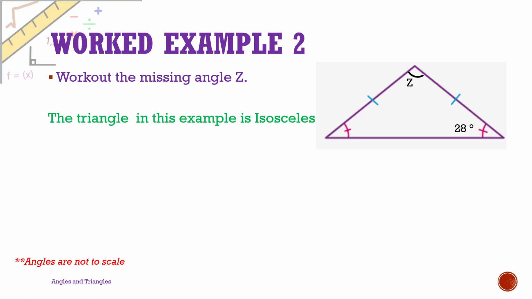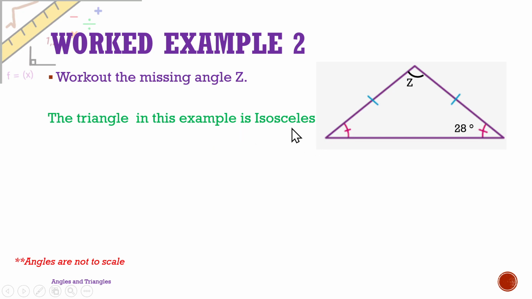Add the given angles and then step 2 is subtract their sum from 180 degrees. But what is this? I just have one angle given here and I have to find the missing angle Z.